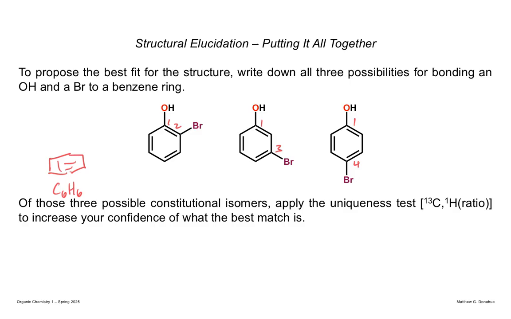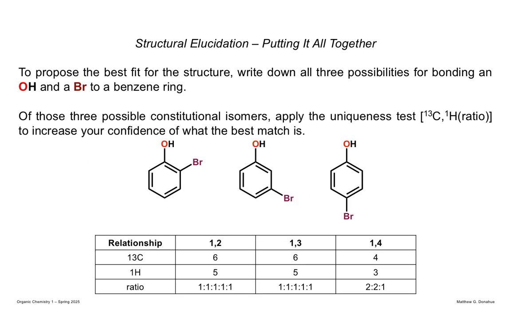And so this is the method you use to make your claim. So we've positively reinforced the claim in a way through the absence of other signals. We've rejected the 1,3. So here's a summary of all of that stuff with the relationships, the uniqueness of carbon, proton, the ratios of the hydrogen sets.